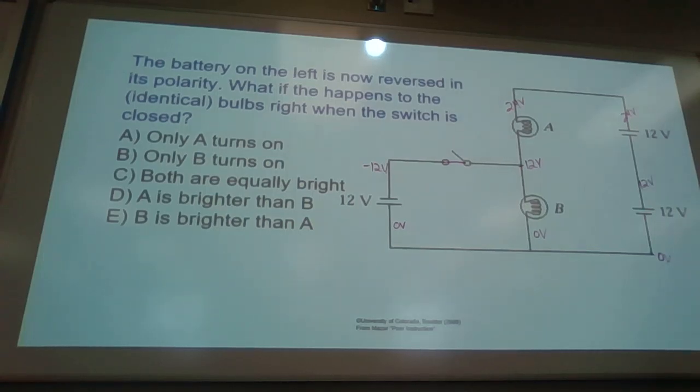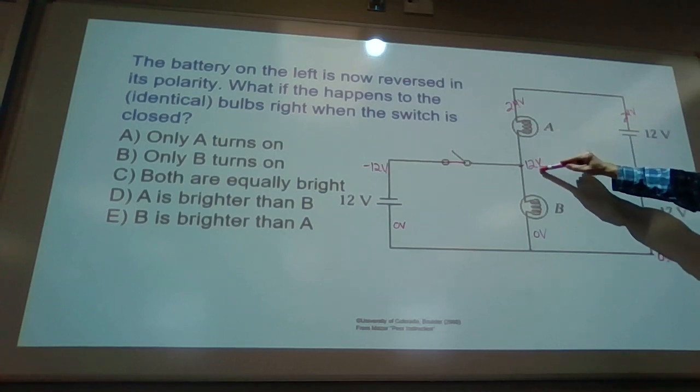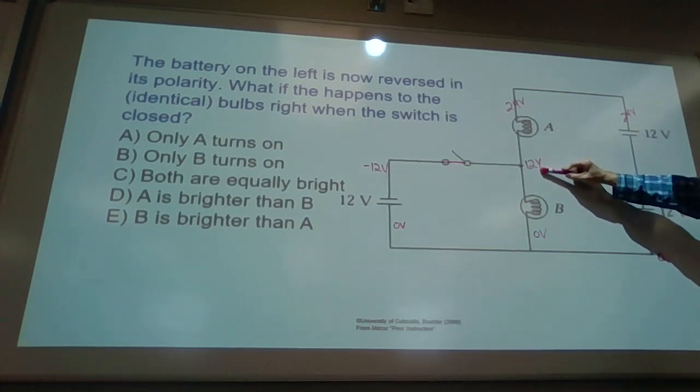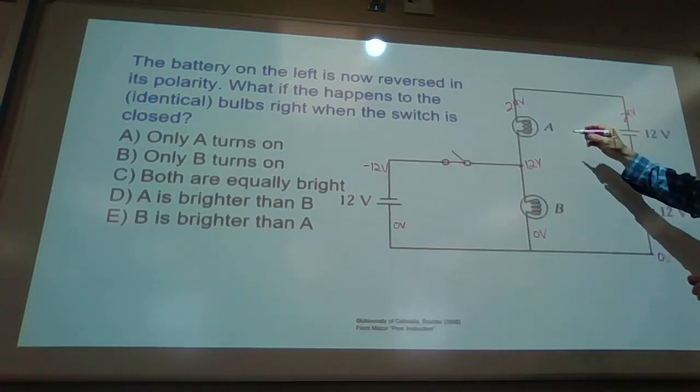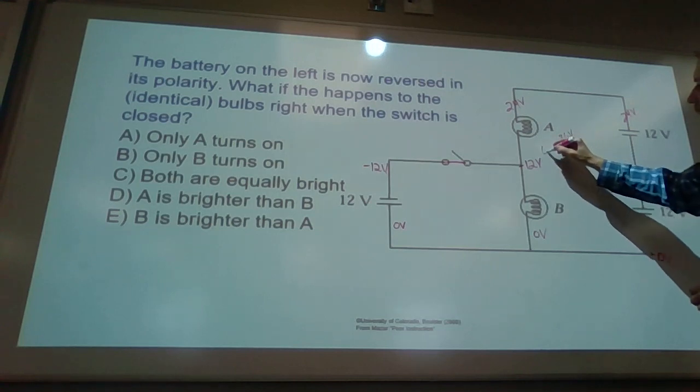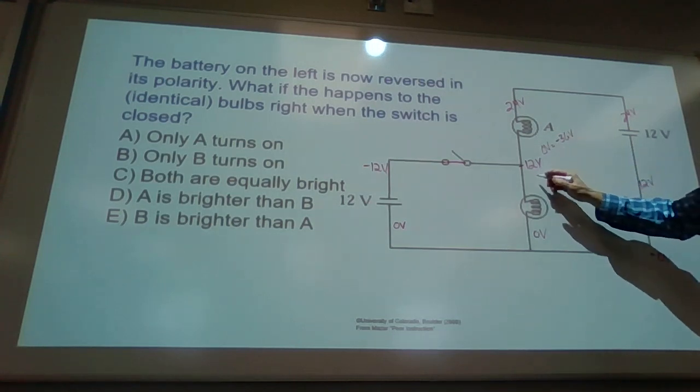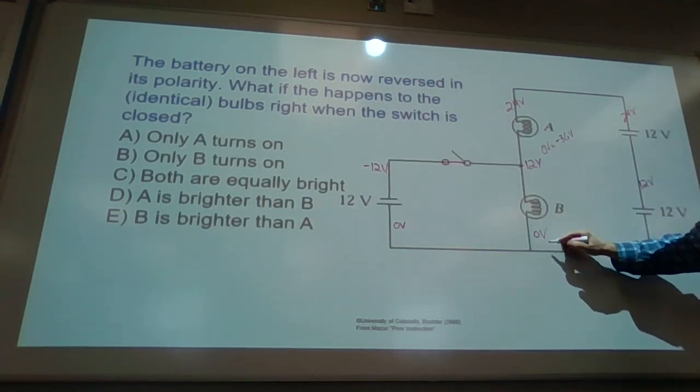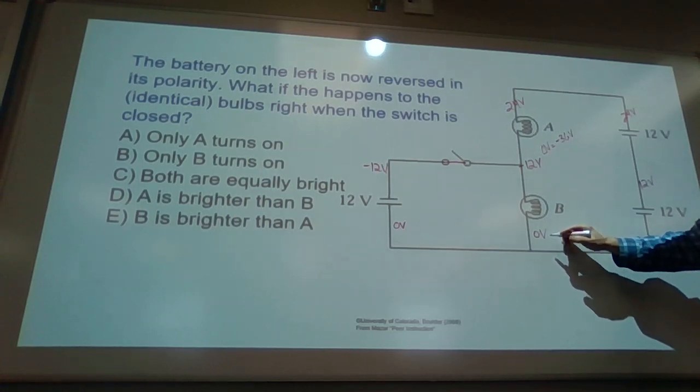Okay, so in every loop, you have to have voltage gain equals voltage drop. Here I've got 24, and a voltage drop of negative 36. And here I have a voltage gain of 12.